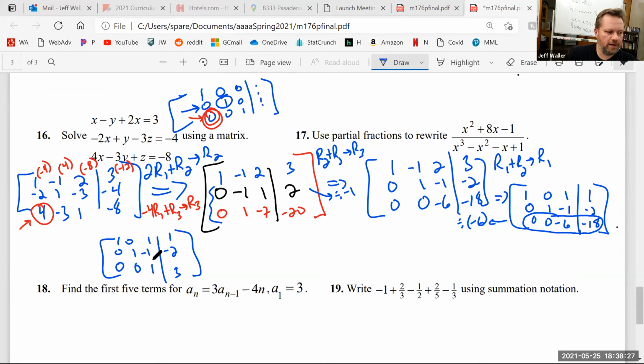If I take this and add it to this... Now watch real quick. Why would I not want to add row 2 to row 1? Wouldn't that make a 0 here? Because we'll get 0. We need 1. We'll lose the 0. The most important thing is zeros. You never want to lose a 0.